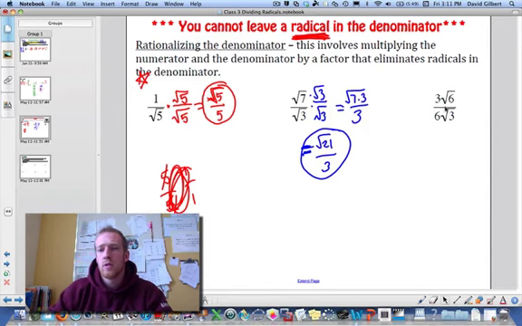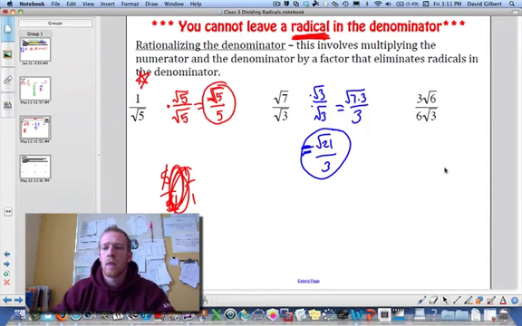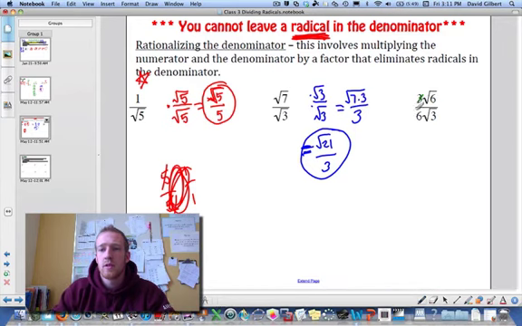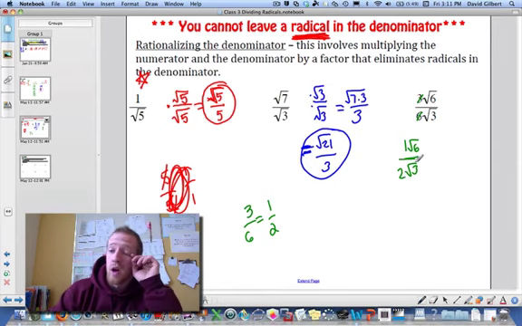So now we're going to do our last one here. So right off the bat, I notice that I can reduce these. This 3 and this 6 is just like your plain old 3 over 6, which would reduce to 1 over 2 any old day of the week. So that's going to be 1 root 6 over root 3, 2 root 3. Now, you should notice that 3 goes into 6. So this is what you should do.